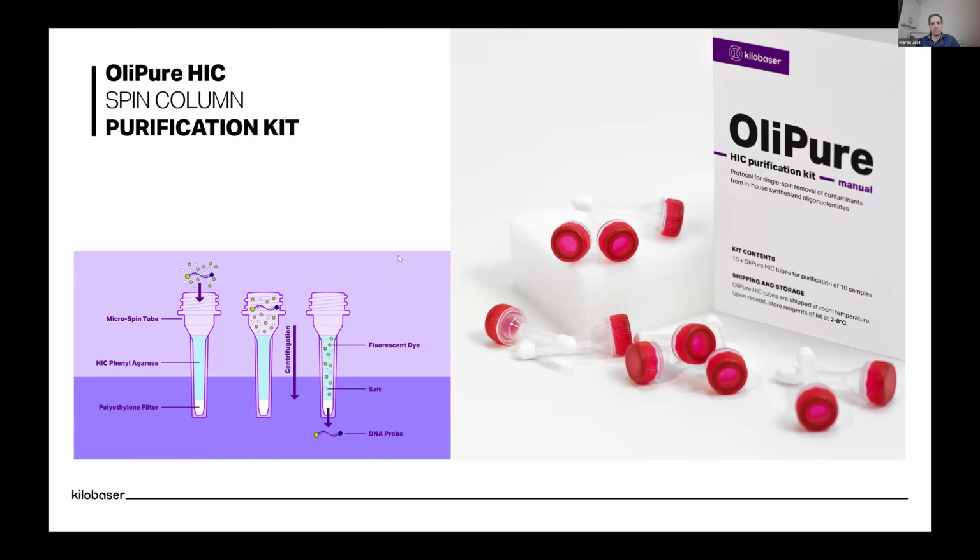And we are also working on specific other purification kits for modifications. But in general, our intent and goal is to be as straightforward as possible without requiring the customers to have expensive and very complicated purification equipment on site.